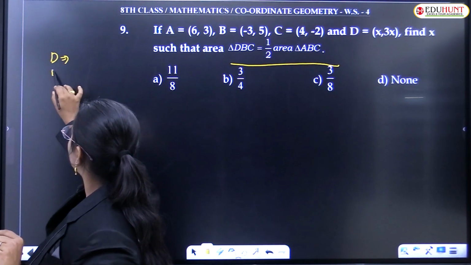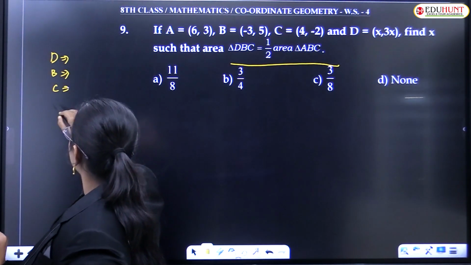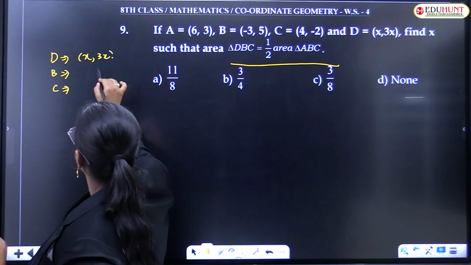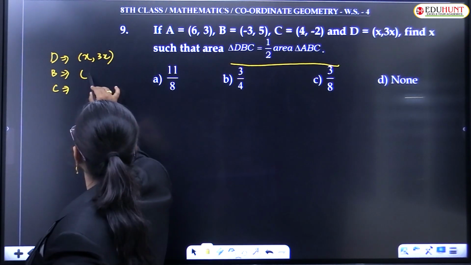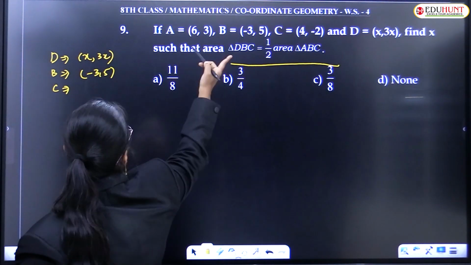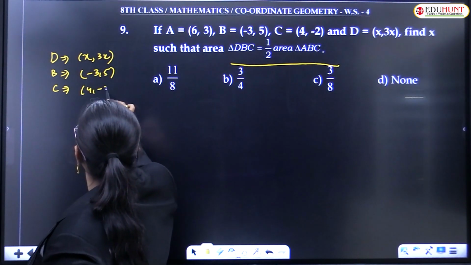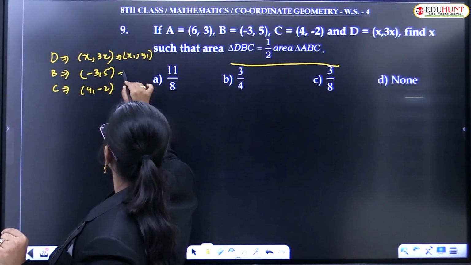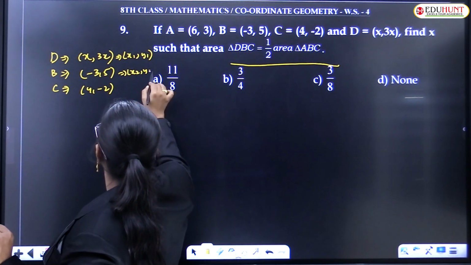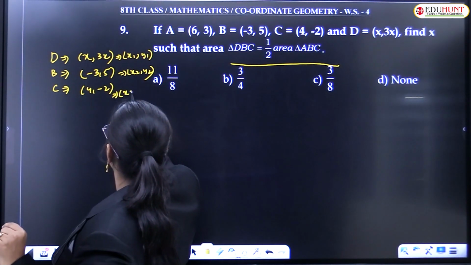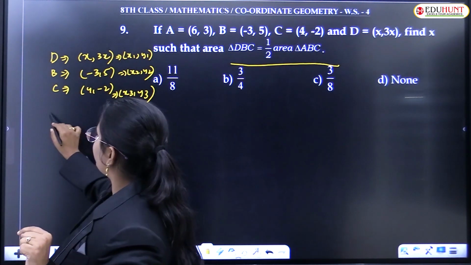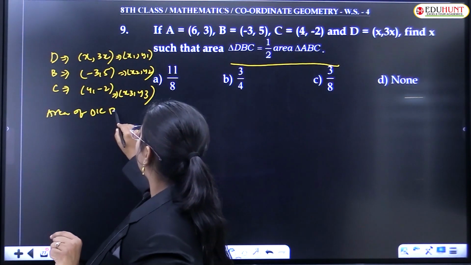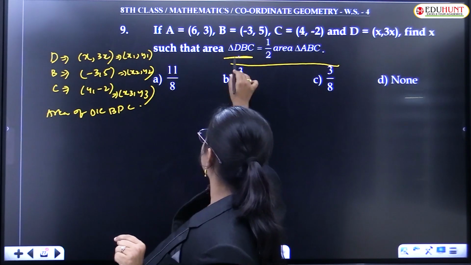D is x comma 3x. B is minus 3 comma 5. C is 4 comma minus 2. So let us name these vertices x1 y1, x2 y2, and x3 comma y3. Right. So first I need to find the area of triangle BDC, because this is the one, right?